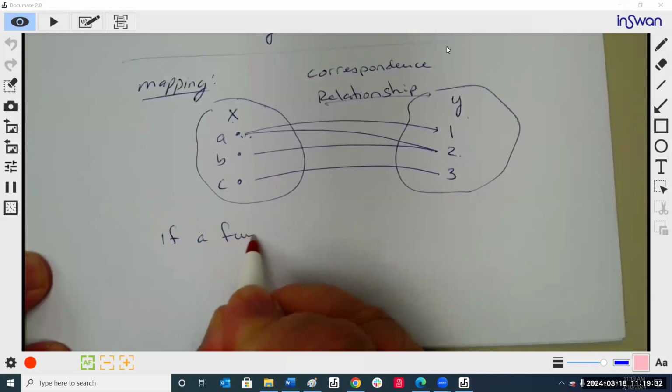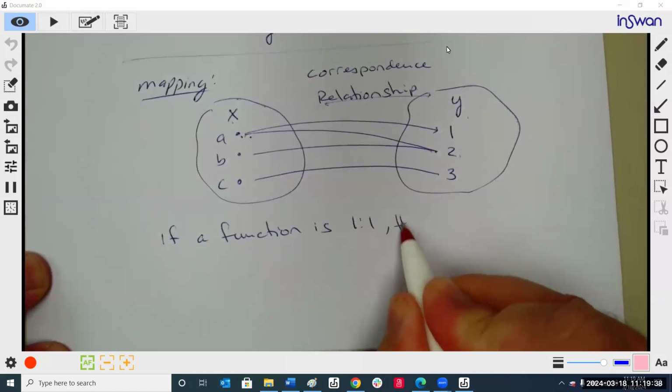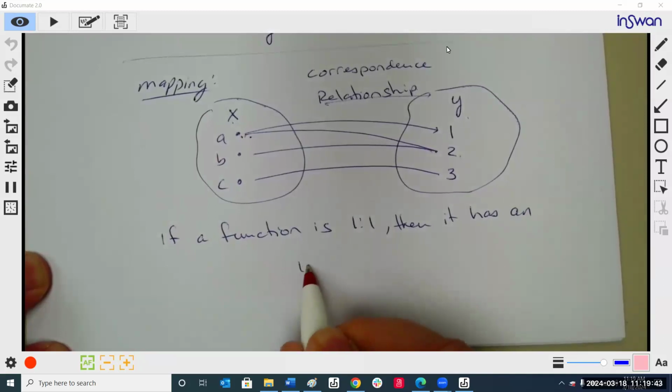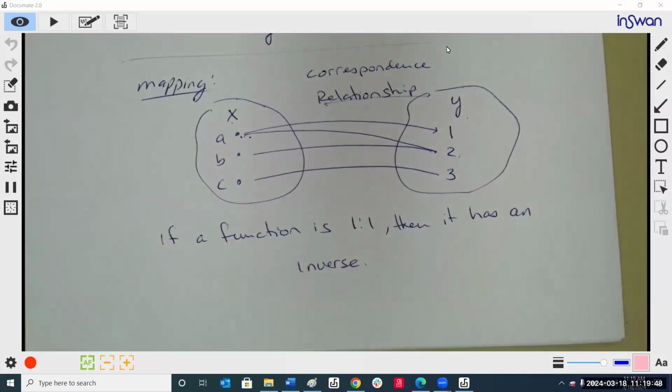If a function is one-to-one, then it has an inverse. What's an inverse? That's reciprocal. But yeah, I see why you would think that. No, but we'll go into further definitions with that.